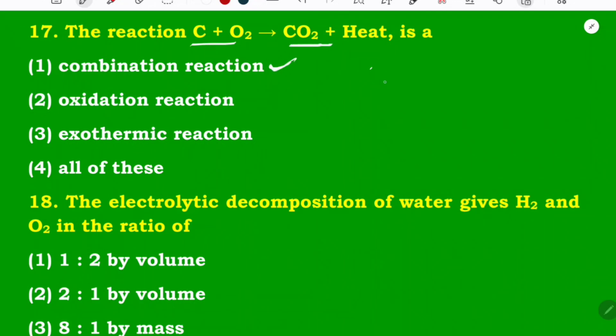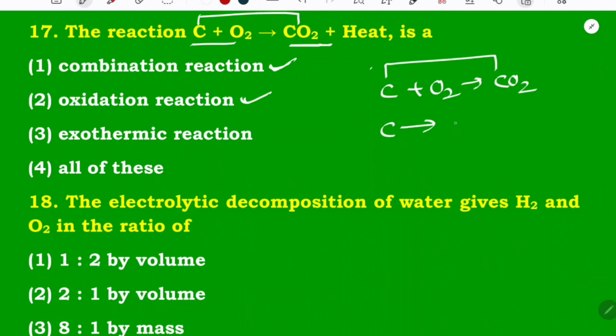At the same time, carbon is burning, reacting with oxygen. Reacting with oxygen means addition of oxygen takes place. Carbon is converted to CO2, so it is also an oxidation reaction.